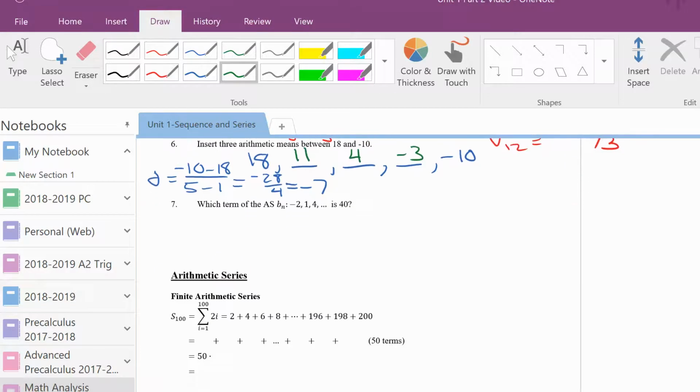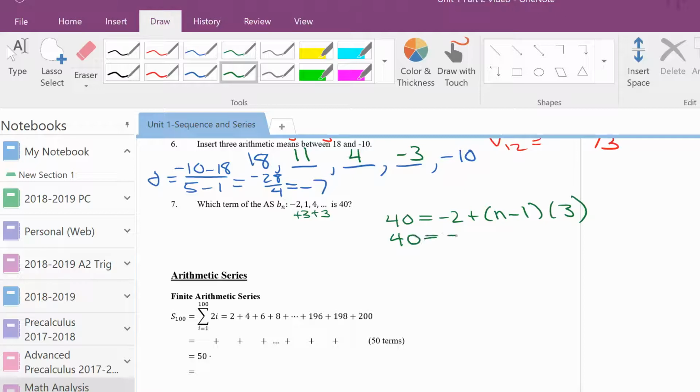What term of the arithmetic sequence is 40? Well, we know the difference is 3 because you're adding 3. And we know the first term is negative 2. So 40 is equal to negative 2 plus n minus 1 times 3. So now we have to solve for n, and that'll tell us the term.